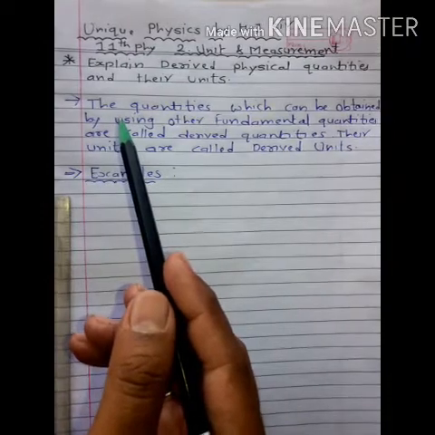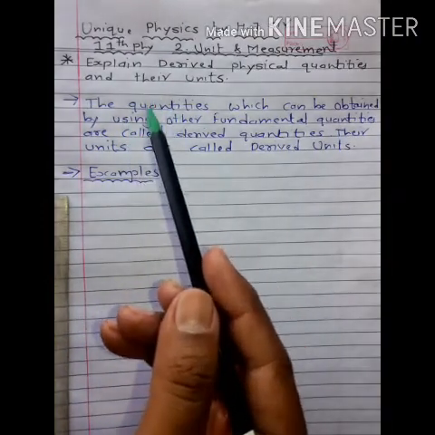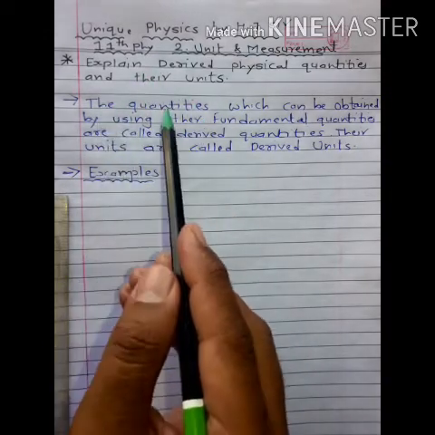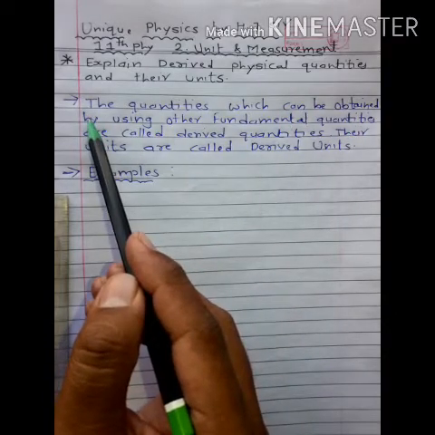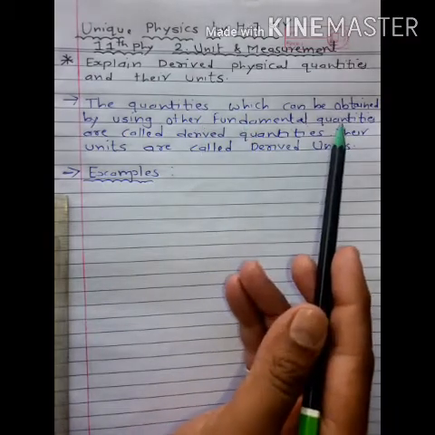So what is called a derived physical quantity? This is the simplest definition of it. The quantities which can be obtained by using other fundamental quantities.